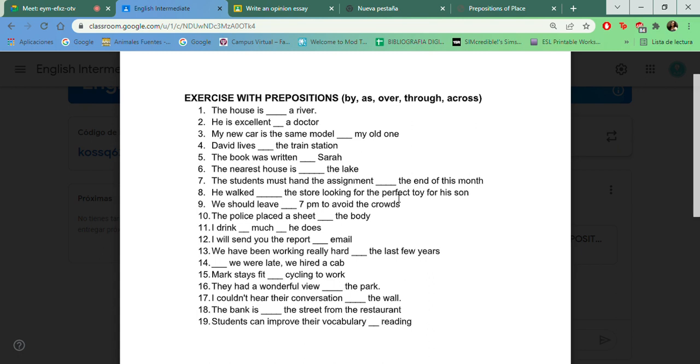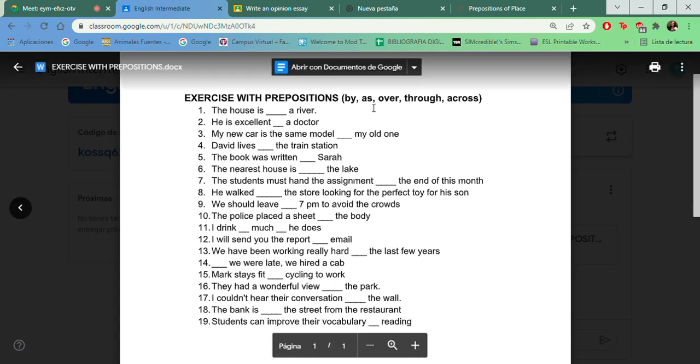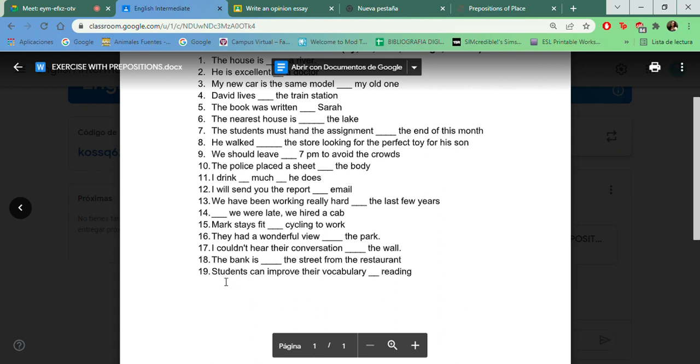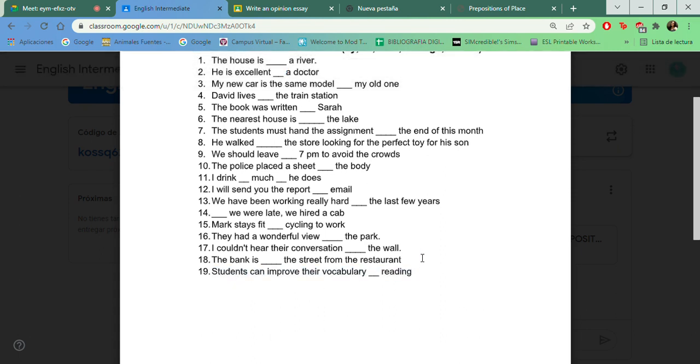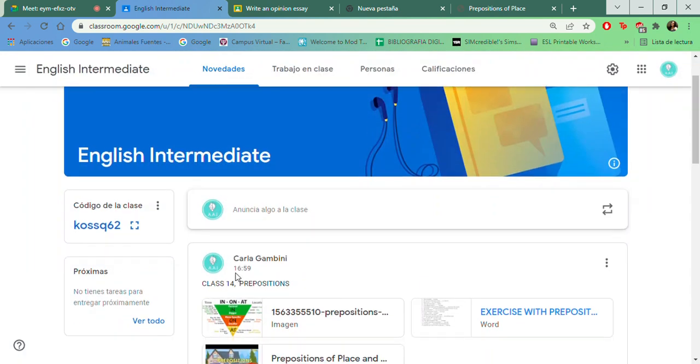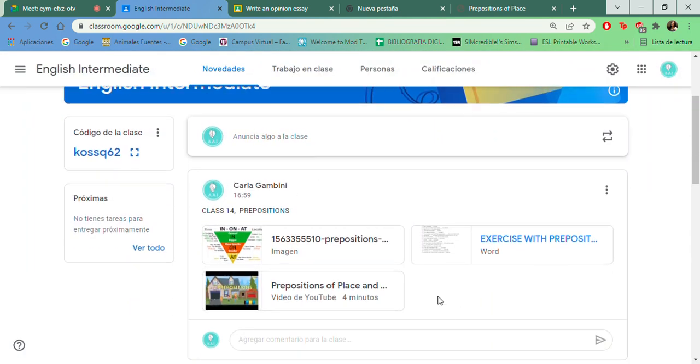This is a very common preposition that means in front of, across from. To explain how you can do something: by reading. Students can improve their vocabulary by reading. Excellent, very good. Perfect. Great.